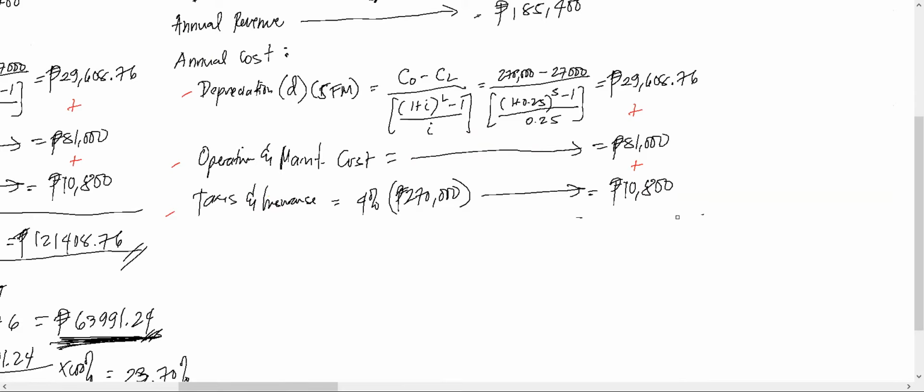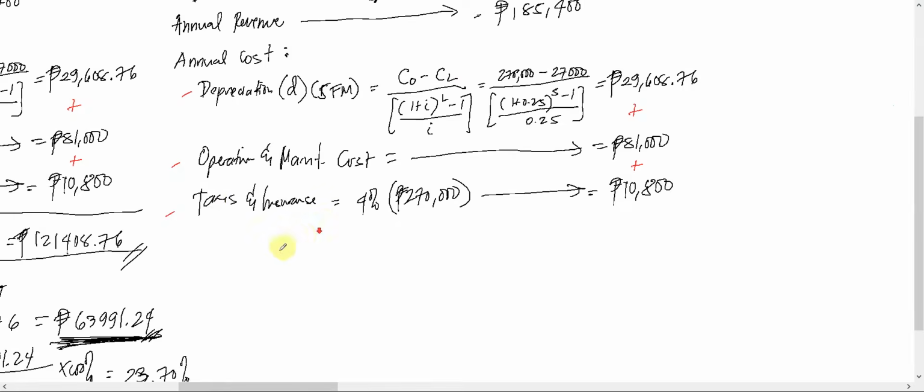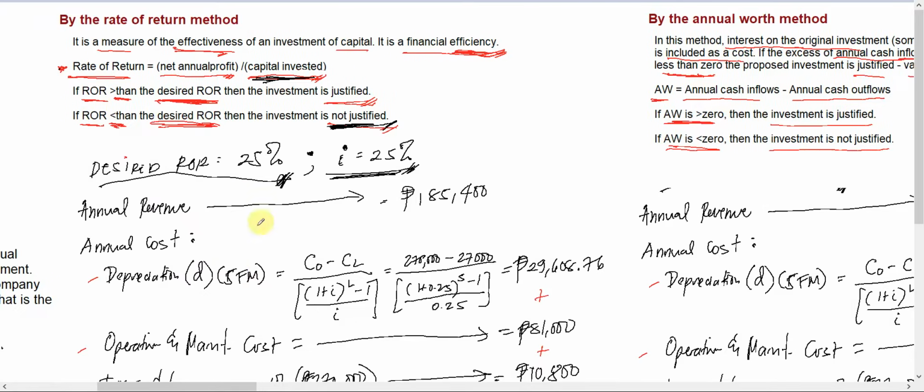So, from the meaning of the annual worth method, sabi, interest on the original capital or investment is included as a cost. So, interest on capital. Lalagyan lang natin dyan, red, ano. So, dadagdagan lang natin ito. Yung interest na gagamitin natin is actually the rate of return.